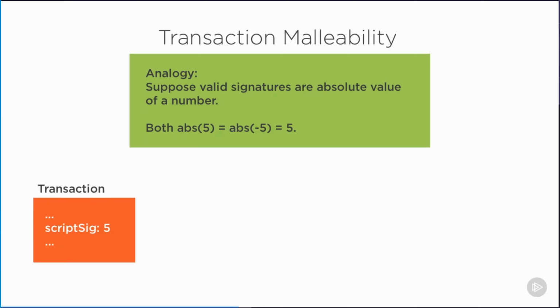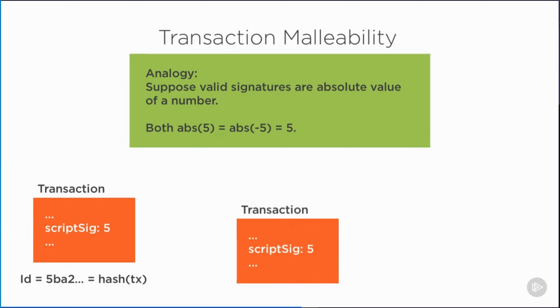Suppose you create a transaction and sign it with 5, but someone else changes the signature to -5 before passing it along. This is only an issue before a transaction gets confirmed into the blockchain. While it's not necessarily a security vulnerability, as a hacker can't change the contents of a transaction, including the recipients or amounts, it does end up changing the hash and therefore the ID of the transaction.